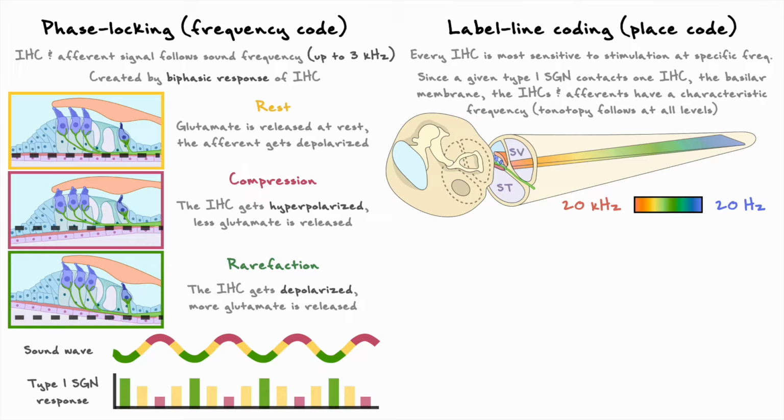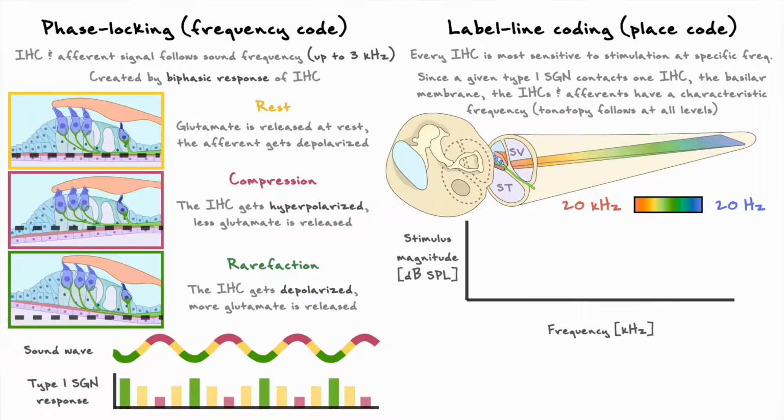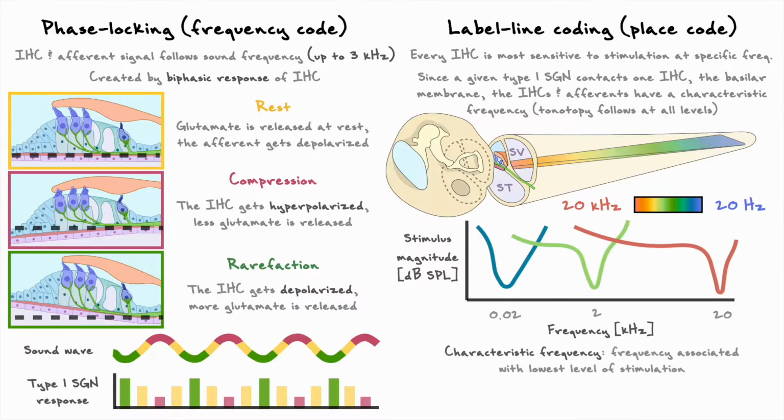Now, from an experimental perspective, if we consider the stimulus magnitude required to stimulate type 1 SGNs to a standard level against the frequency of sound that is played, you will see the following result. Each afferent has a given characteristic frequency that requires the least amount of intensity to fire the afferent to the standard level.